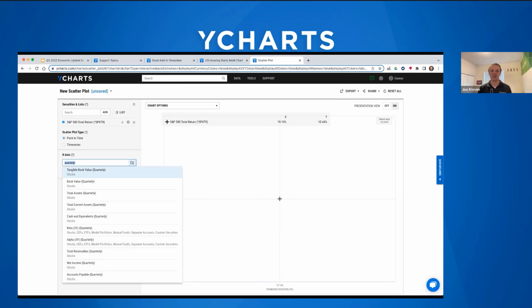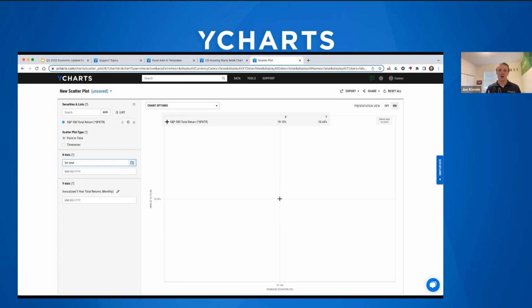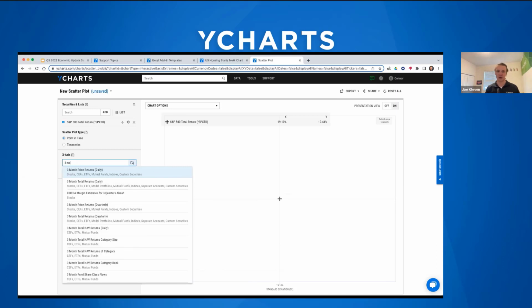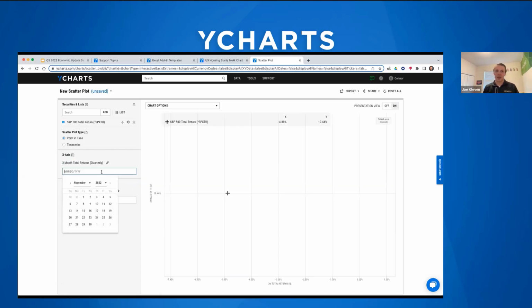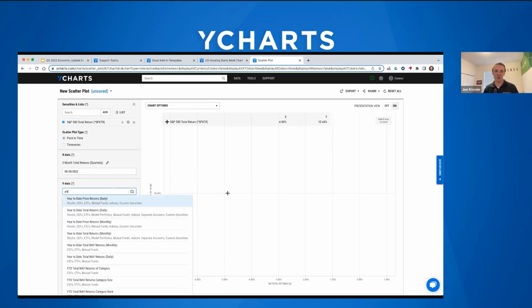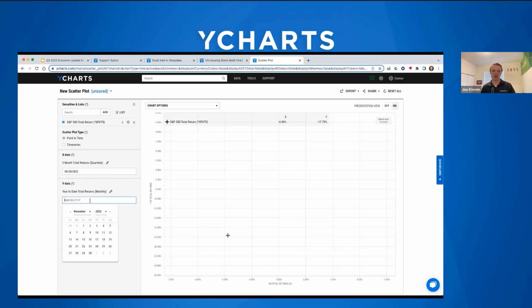What we can do to recreate this chart is just type in those 3-month total returns. And then we can set this to 9/30/2022 to get that end of Q3 view. We can do the same date on the y-axis, and we'll change that to year-to-date total returns on a monthly basis.